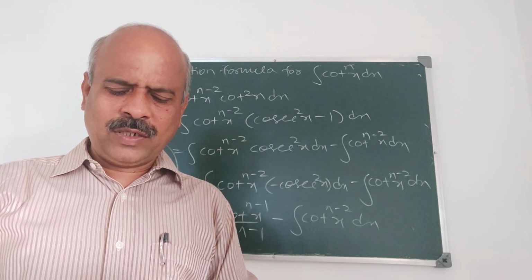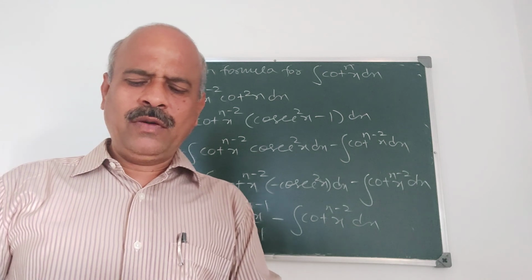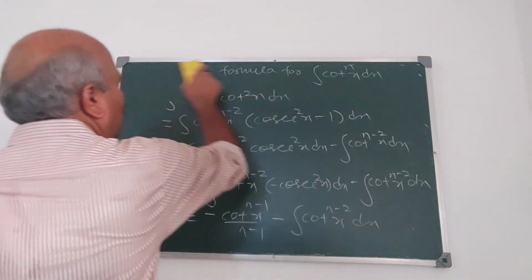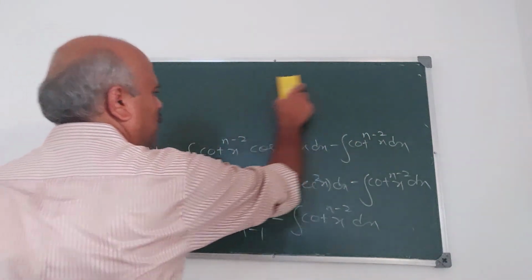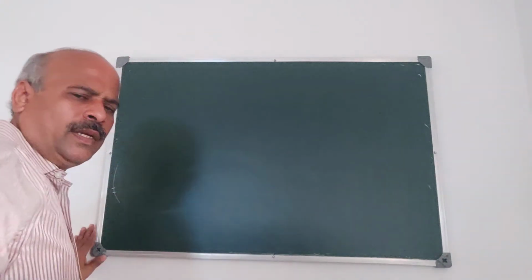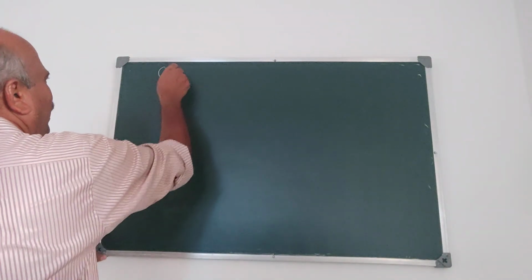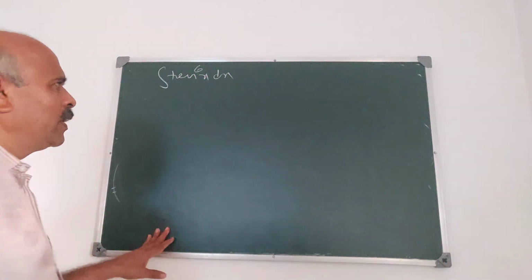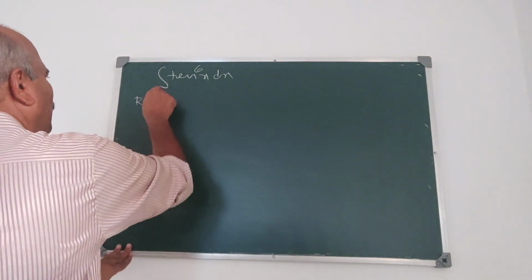Now see the problems here. Evaluate integral tan x raised to 6 with respect to x. That is the problem. What is the reduction formula?